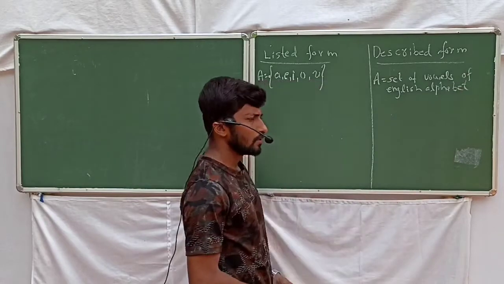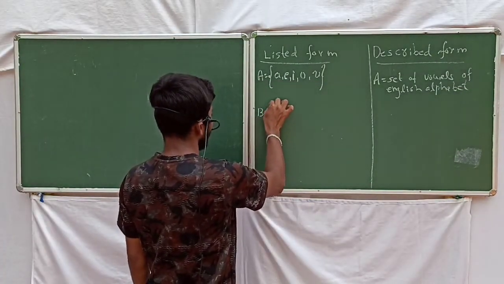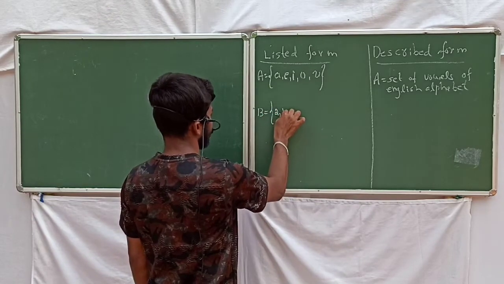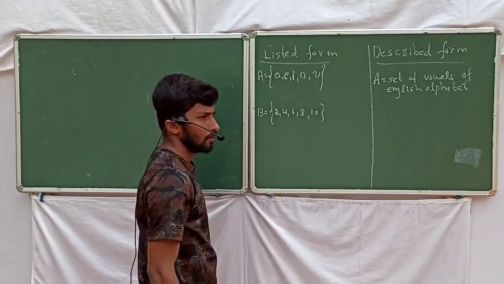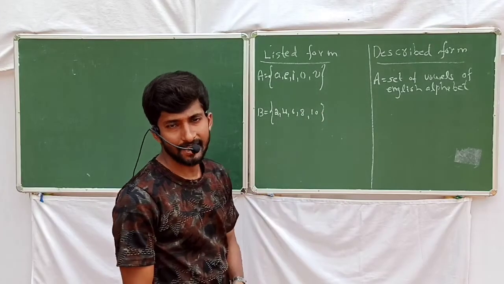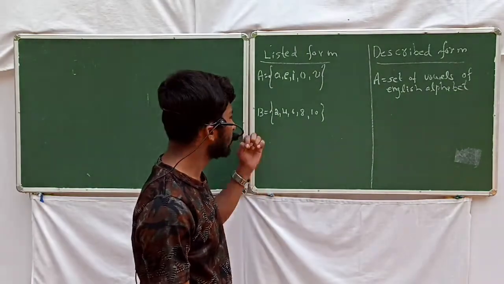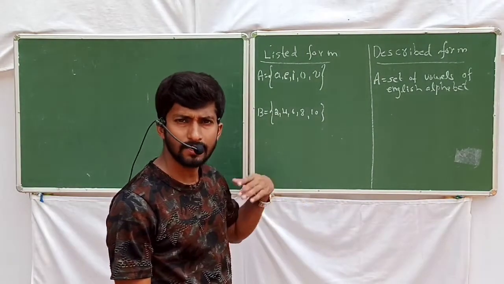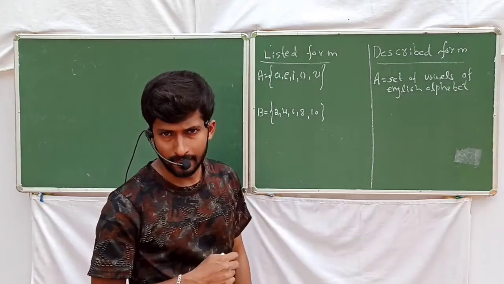Suppose consider one more example. I'll write B is equal to {2, 4, 6, 8, 10}. Now you need to write this set in described form. We know 2 is an even number, 4 is an even number, 6 is an even number, 8 is an even number, similarly 10. But here not all even numbers are given.